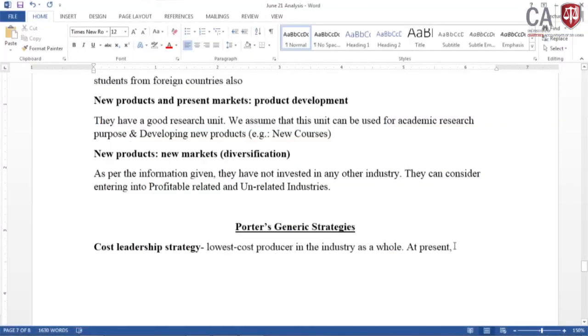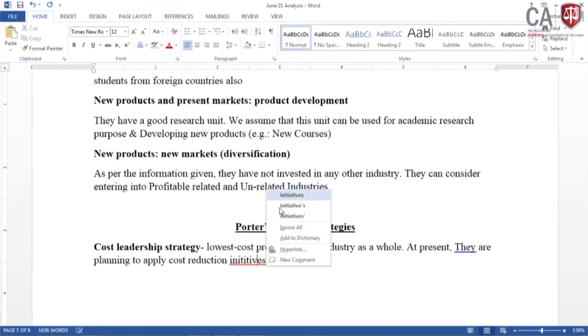So at present they are planning to apply cost reduction initiatives. However, the importance of this concept is minimal, I think. So later we will identify that.